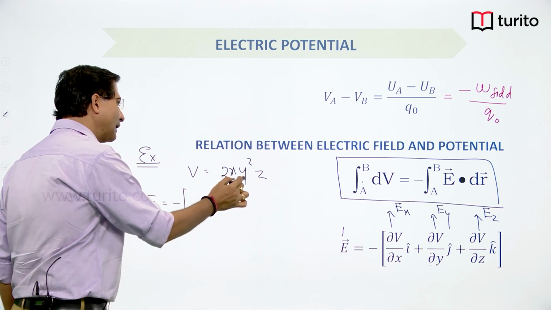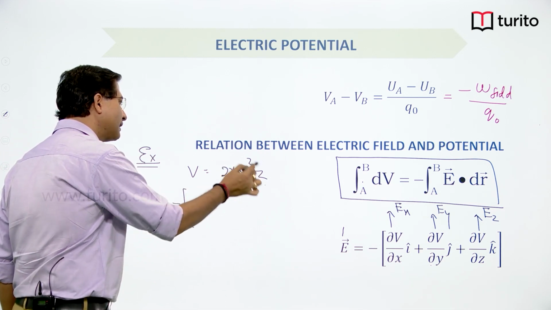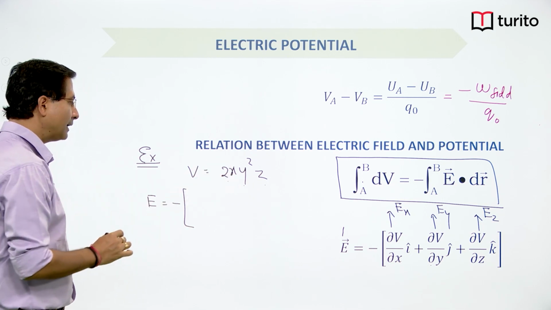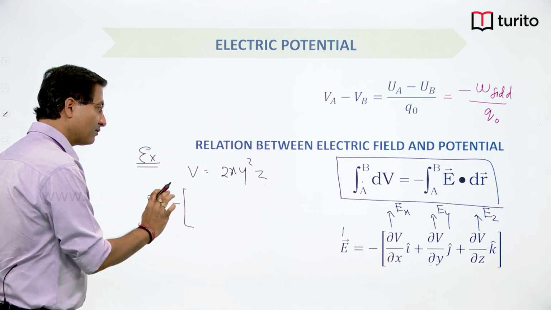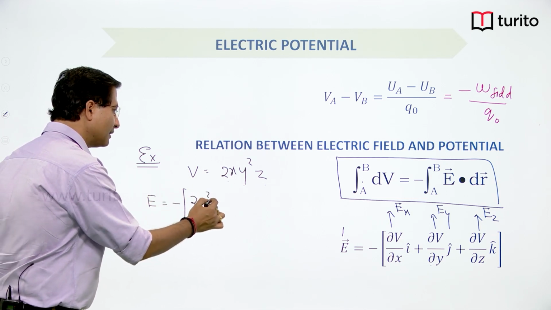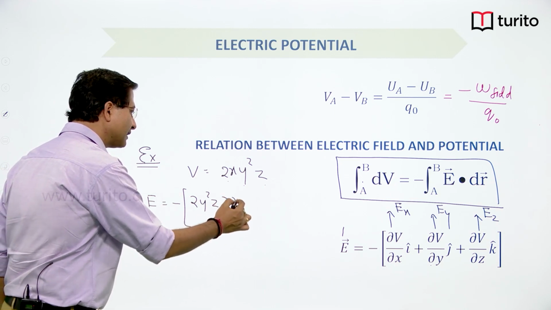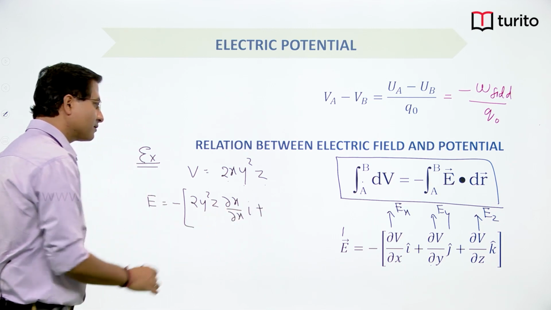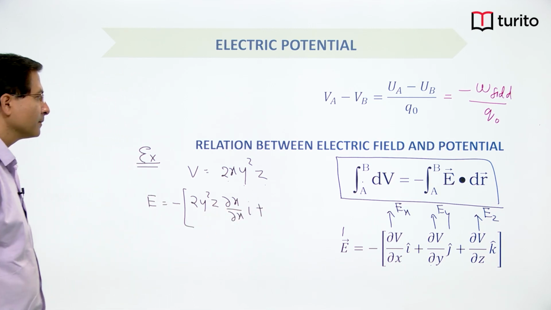So, 2y square z, these all are constant, differentiation of x to the power 1 is 1, right. So, I can take 2y square z out and I am differentiating x with respect to x. Whatever comes I will place minus in front of it.